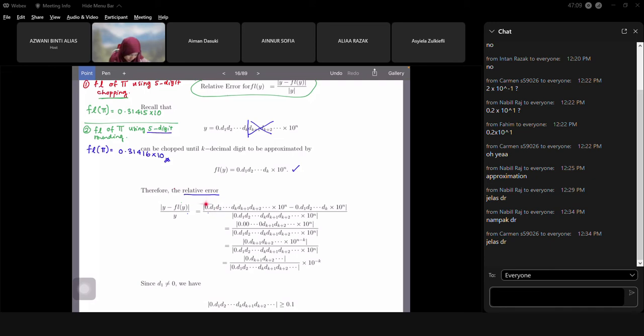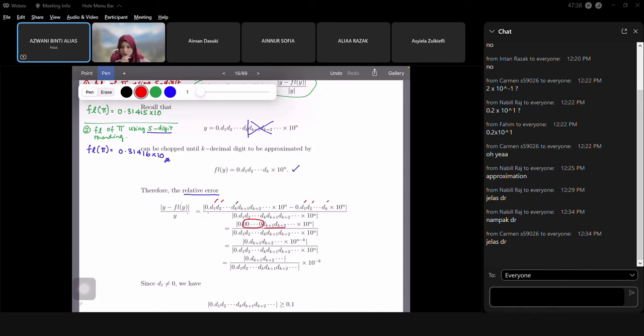Okay, so dia minus the first part ni. Okay, so this is 0.D1, D2 up to dk, up to dk plus 2 dot. Dia minus dengan 0.D1, D2 sampai sini. So dia akan dapat inilah 0.00. So D1 minus D1, D2 minus D2 and so on. Dk minus dengan dk. So hanya tinggal dk plus 1, dk plus 2.